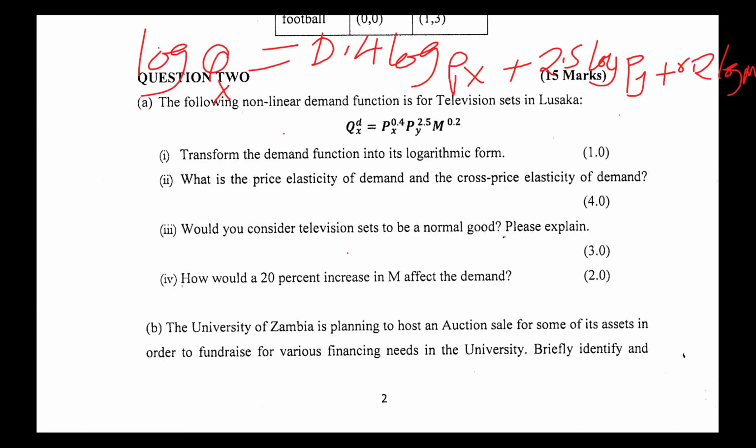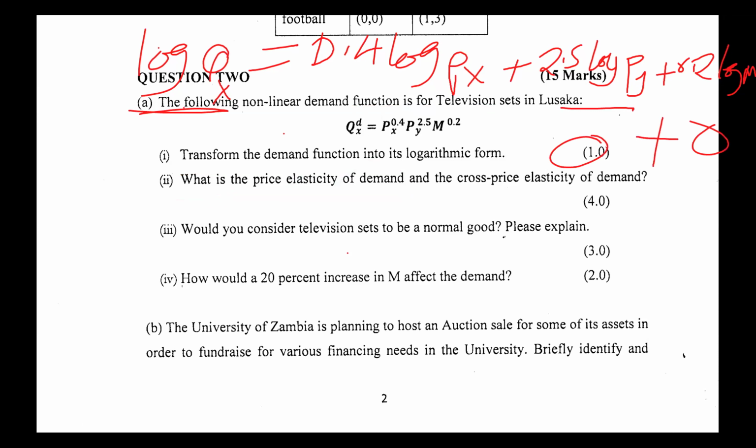So how do you find the price elasticity of demand of this function? You differentiate this function with respect to the price of x. The rest of these that don't have x are going to be treated as constants, and you know that the derivatives of constants are zeros.